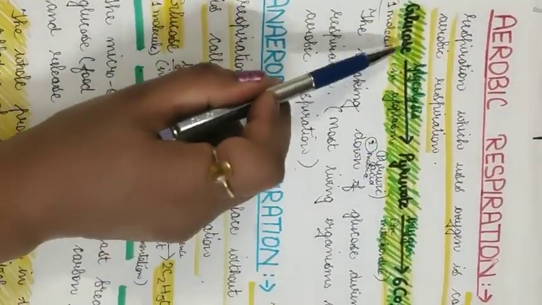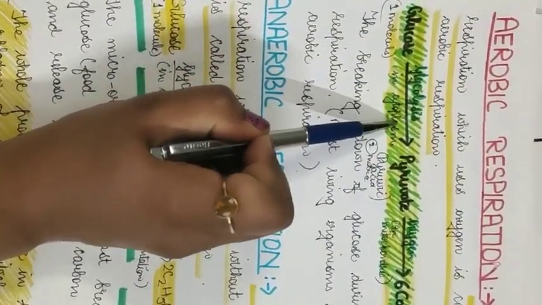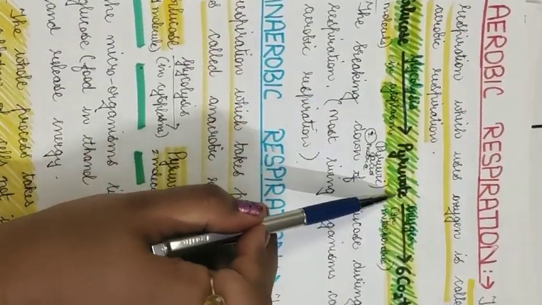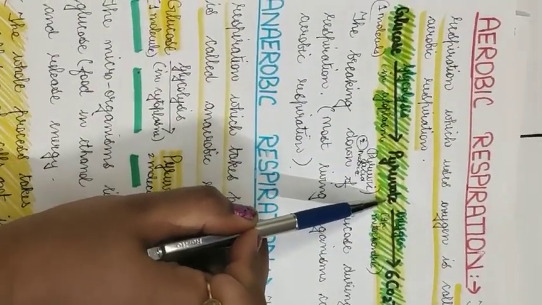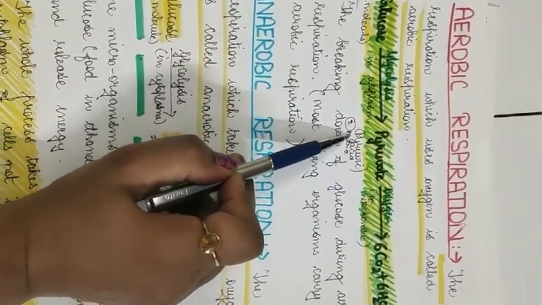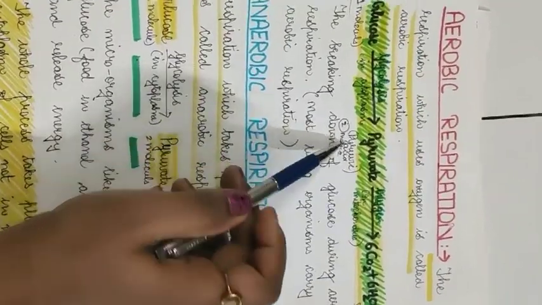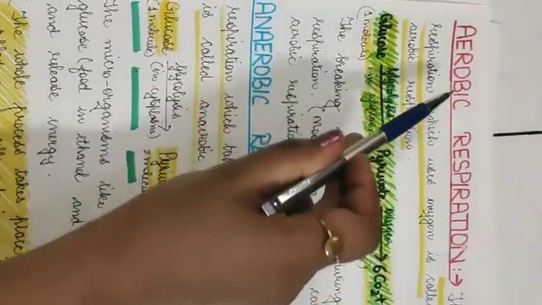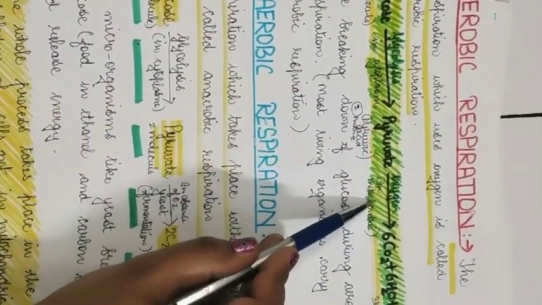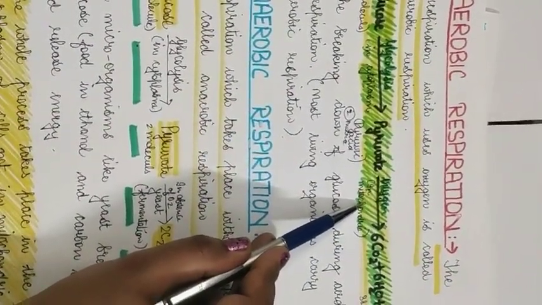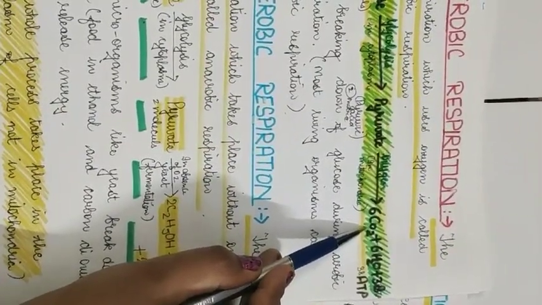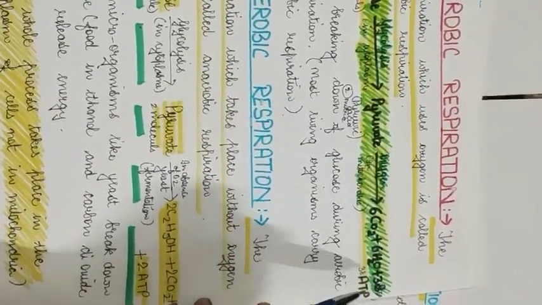Because it takes place in the cytoplasm, not in the mitochondria, glucose will be converted into pyruvate. Pyruvate means pyruvic acid. So 2 moles of pyruvic acid will be formed. When it's aerobic respiration, that means it will have oxygen, so it will take place in the mitochondria. So CO2 gas will be formed, water and ATP.